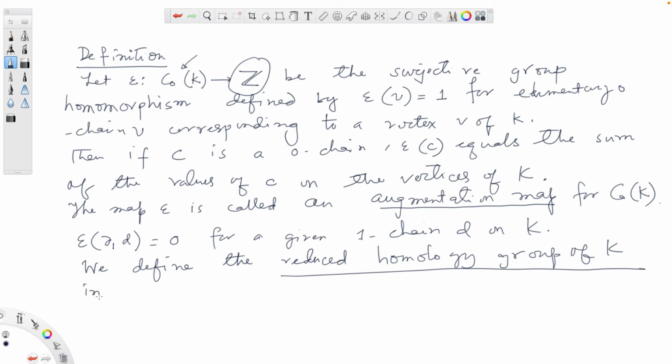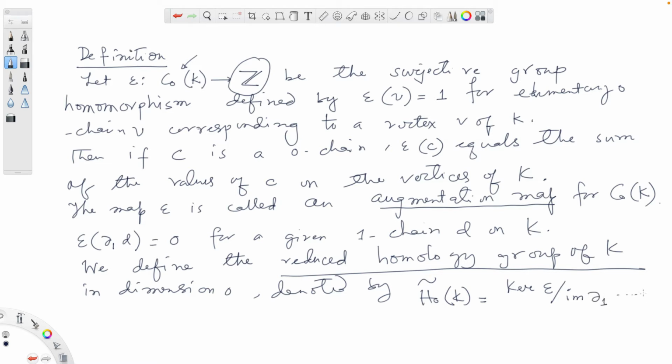in dimension 0, denoted by H0 of K with a tilde over, as equal to the kernel of this augmentation map quotiented out by the subgroup of the image of the boundary operator delta 1.